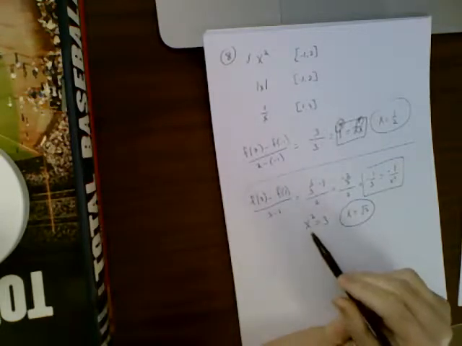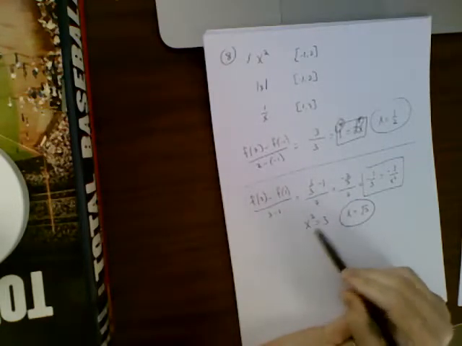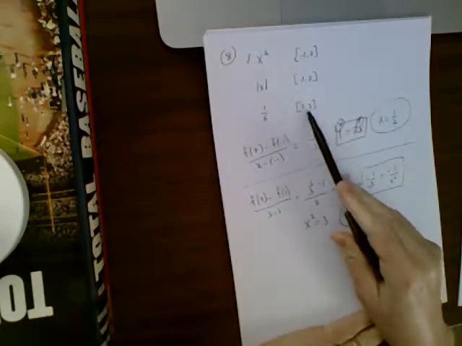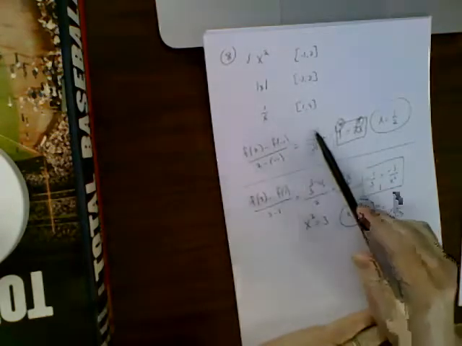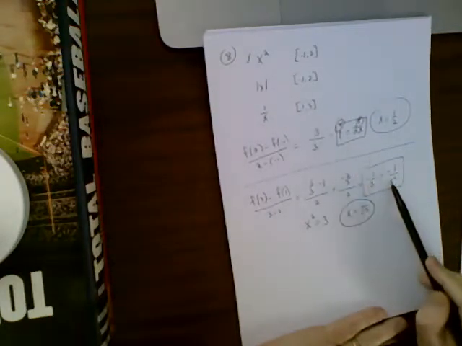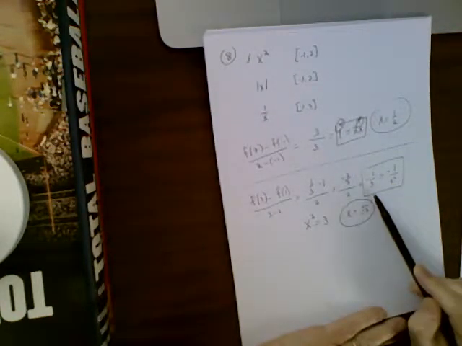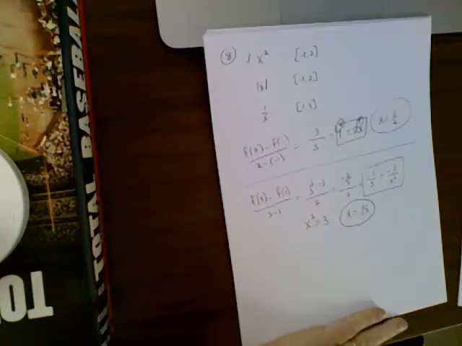Because again, this is true at plus or minus the square root of 3, but we have to take a point in the interval. So notice when x is the square root of 3, you've taken a point in the interval where the exact rate of change equals the average rate of change.